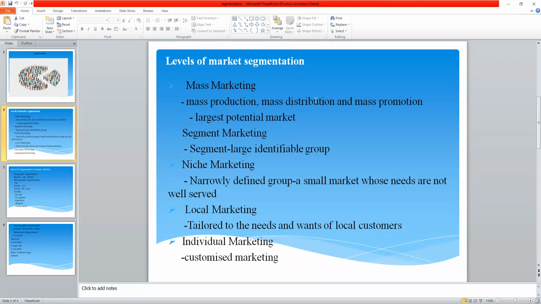So here we take a step further with the sub segments, or by defining a group which is seeking a distinctive mix of benefits. So here it is more confined to a distinctive benefit.